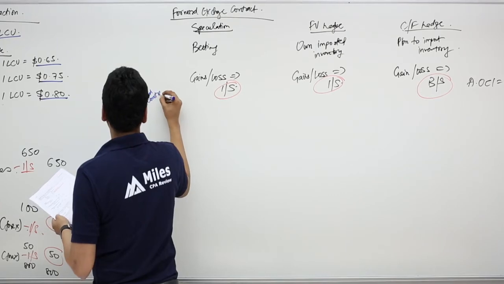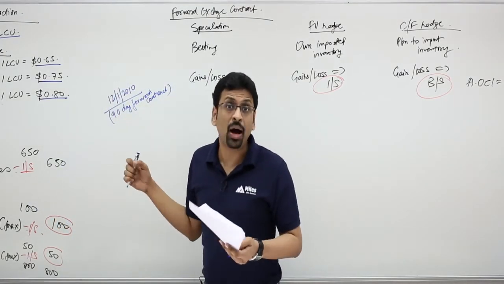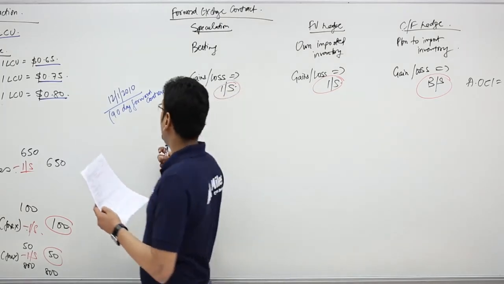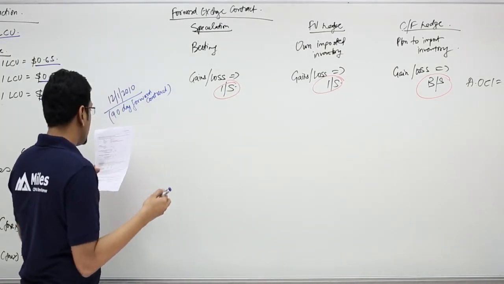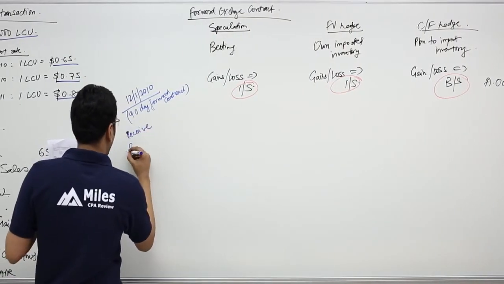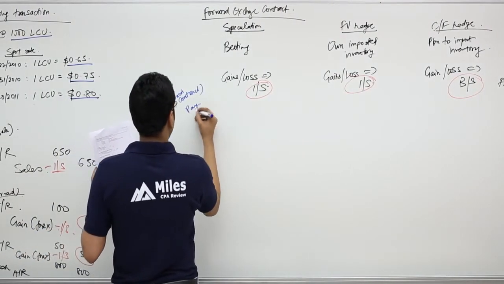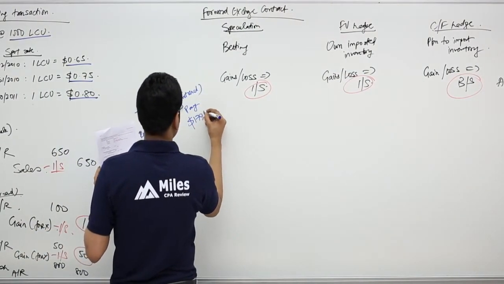So as per this contract, the two parties are going to exchange pounds for dollars. The US company is going to receive 100,000 British pounds and they're going to pay $170,000.